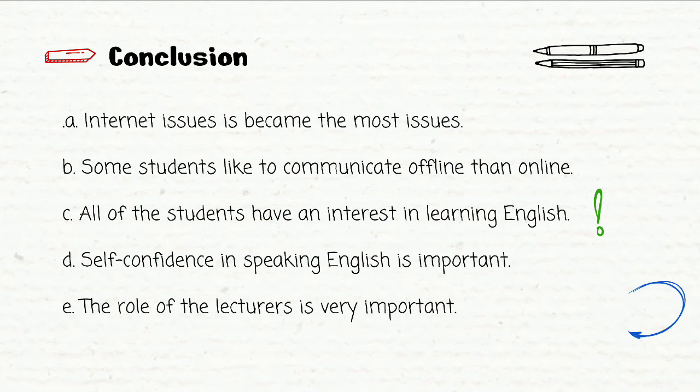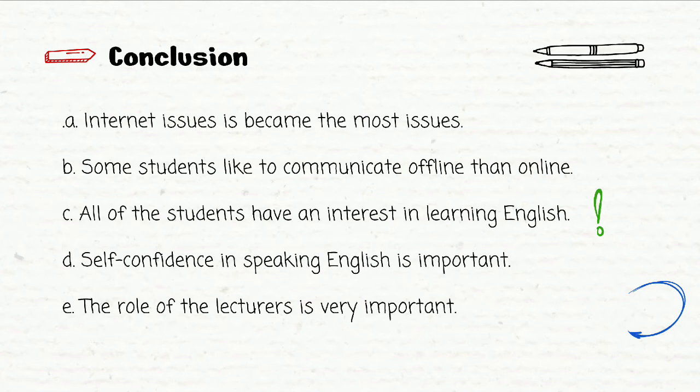And the final point is conclusion. Point A, internet issue is the biggest issue. Internet problems are one of the obstacles to the smooth teaching and learning process in online class. This is also caused by students' houses, which are difficult to reach by good signal.